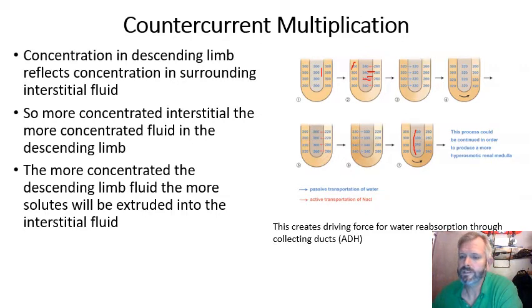Okay, and what is this gradient important for? If we have an osmolarity gradient, and if we're permeable to water, then water would move to an area of higher osmolarity, right? And this is going to be the driving force for reabsorption of water via ADH, antidiuretic hormone. If you remember antidiuretic hormone, what's it do? It increases the reabsorption of water at the kidneys, right? And it can do this because there is this osmolarity gradient.